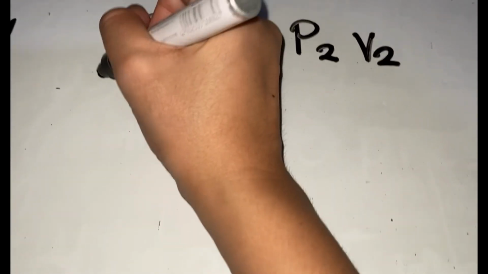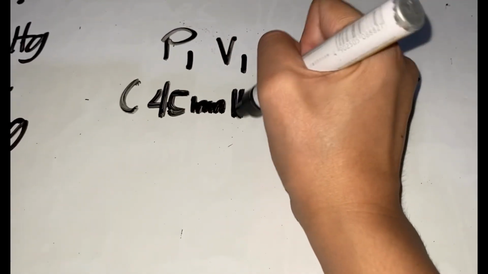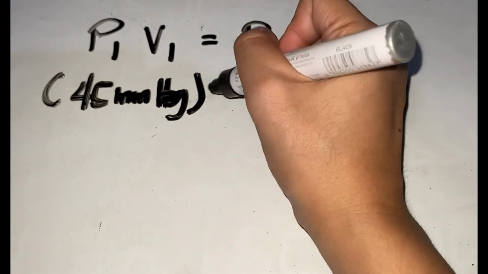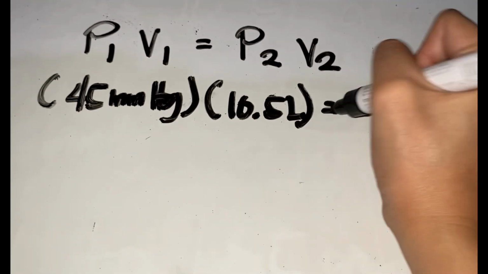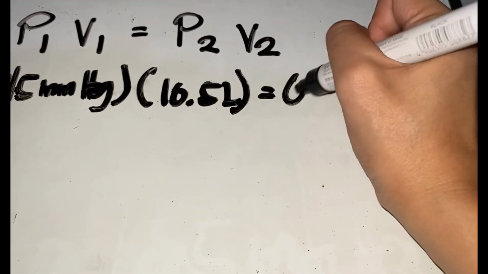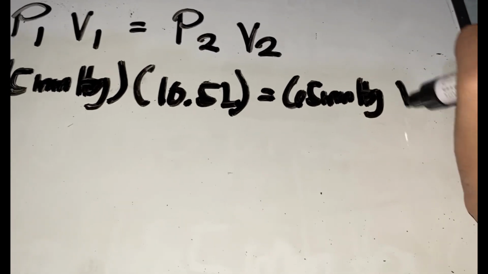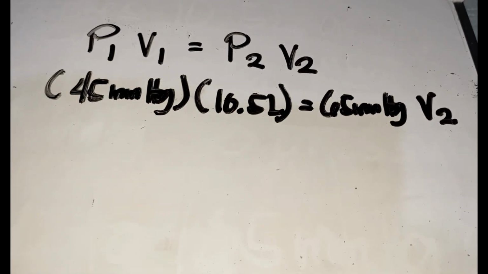So P1 is equal to 45 millimeter mercury, while V1 is equal to 10.5 liters. P2 is equal to 65 millimeter mercury, and then V2 is still unknown.